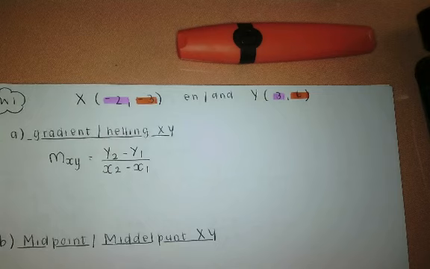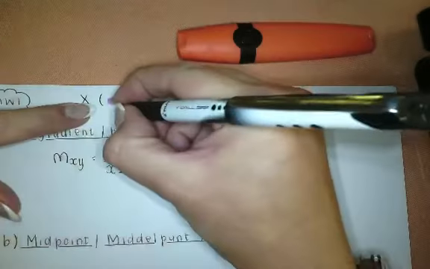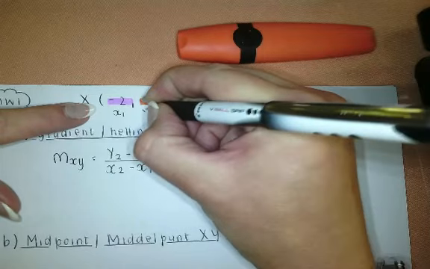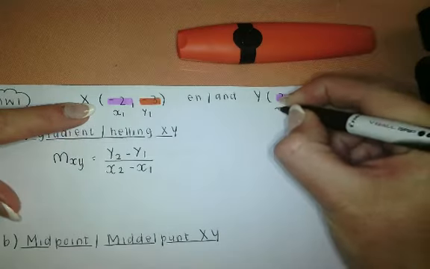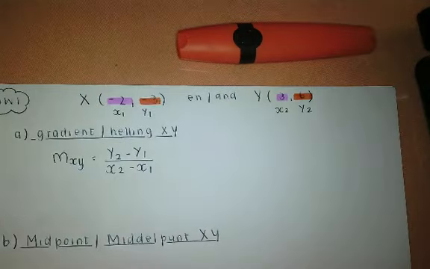What I'm also going to do is label my first coordinates and my second coordinates. I'm just going to pick x as my first one. So I'll make this one x1 and y1, and I'll make this x2 and y2.